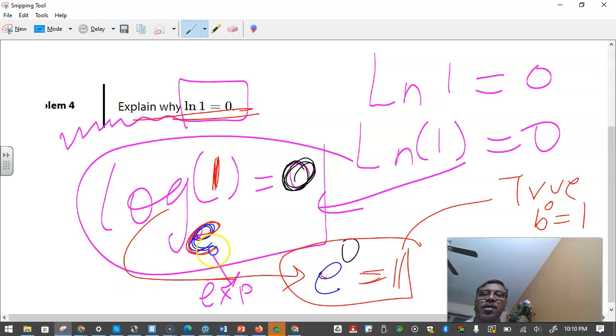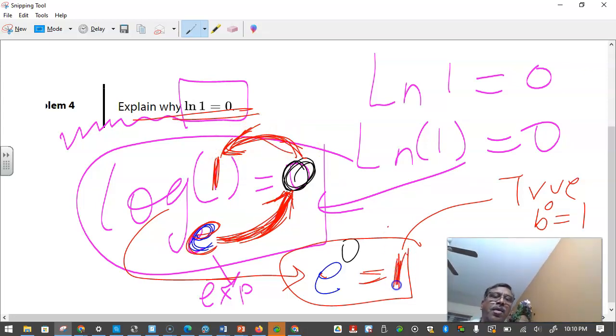Again, I repeat. Pick the base, raise this up as the exponent, and then go like this. Can you see the arrow that I'm showing? So this is the arrow. You go this way. So e raised to 0 is 1. And that is true. So if this is true, this is true.